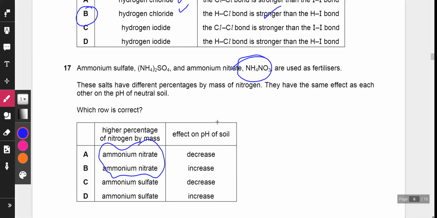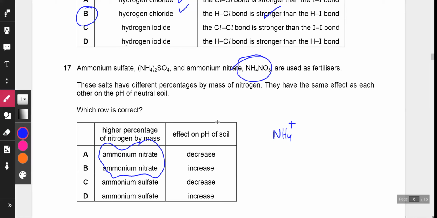And then they're saying they have the same effect as each other on the pH of neutral soil. So what effect would that be? They have NH4 plus one ions.